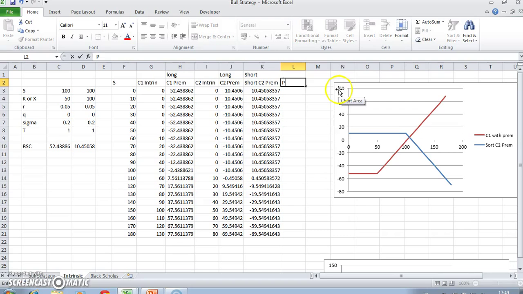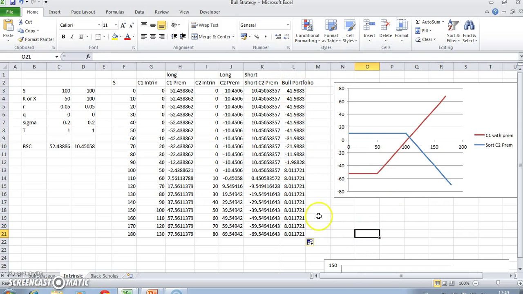So the combination of the two. So portfolio, we call it bull portfolio. It's equal to the long plus the short. And we pull this down.